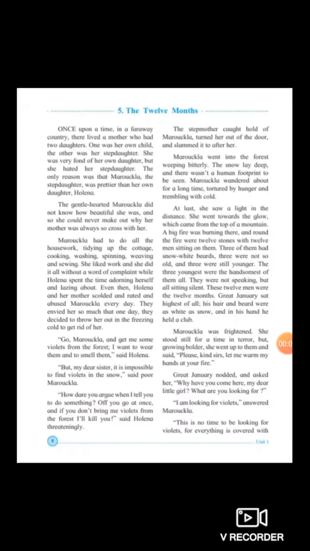Now let's proceed towards the second para. The gentle-hearted Marukla did not know how beautiful she was, and so she could never make out why her mother was always so cross with her. Marukla had to do all the housework, tidying up the cottage, cooking, washing, spinning, weaving, and sewing.